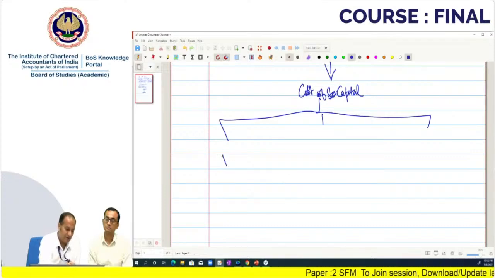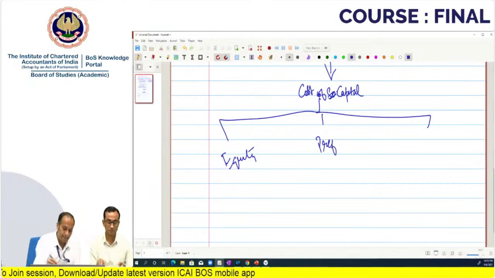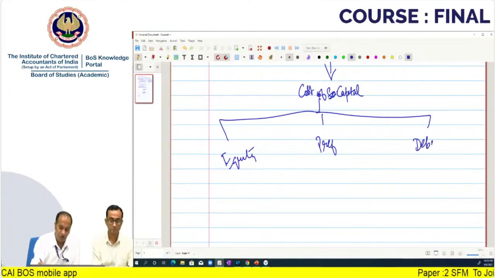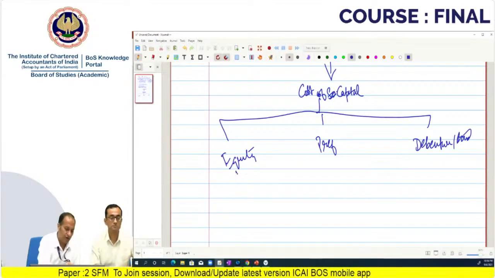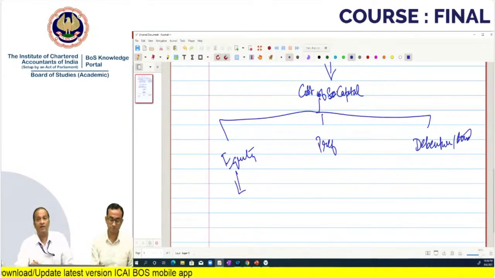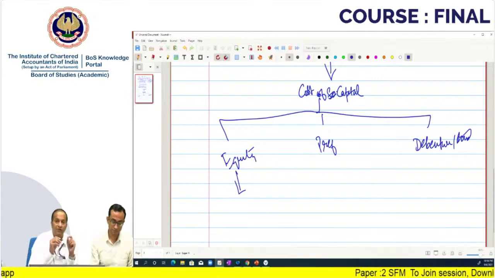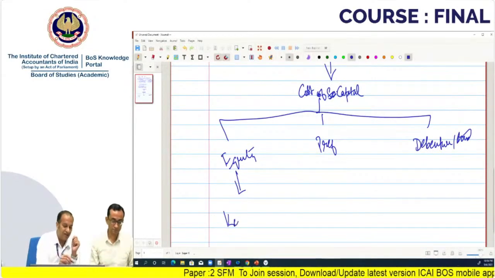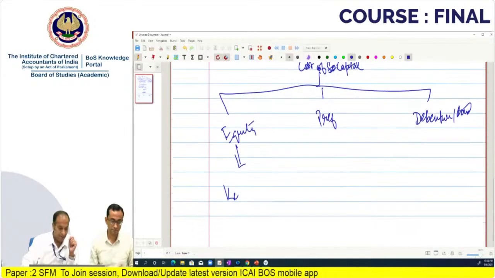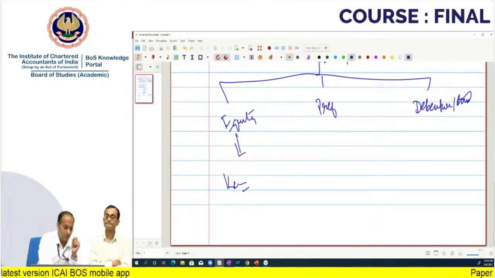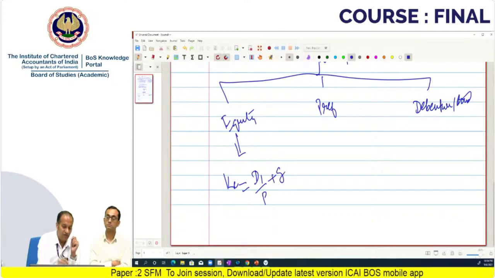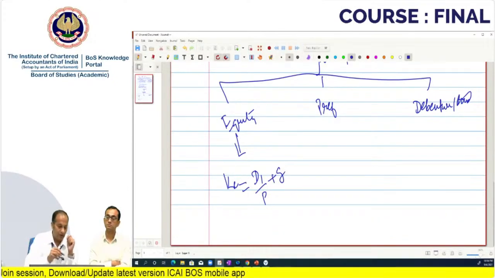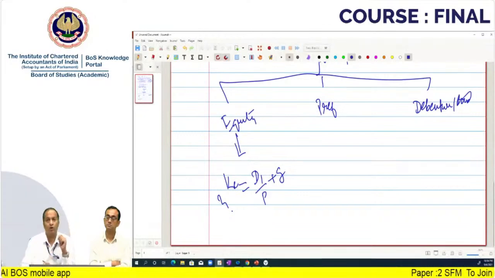One is equity, one is preference share, another is debenture or bonds. Now when we talk about equity, the formula was to calculate KE. KE is equal to, if you recall it, D1 upon P0 plus G. Now here this value was unknown.